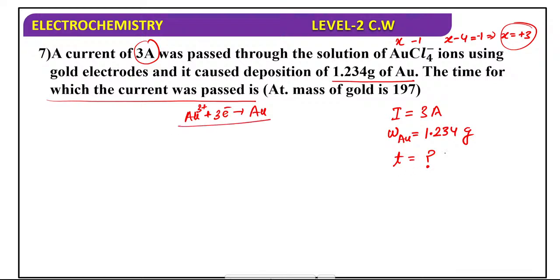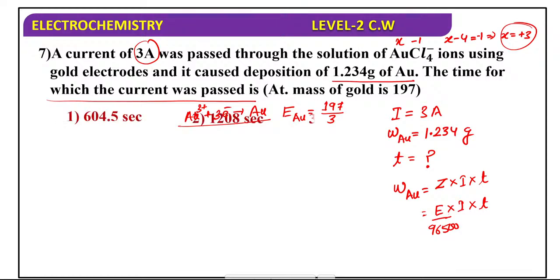So its equivalent weight is 197/3. Okay, so just apply Faraday's first law, that is W equals Z into I into T, that is equivalent weight divided by 96,500 into I into T. That's it.